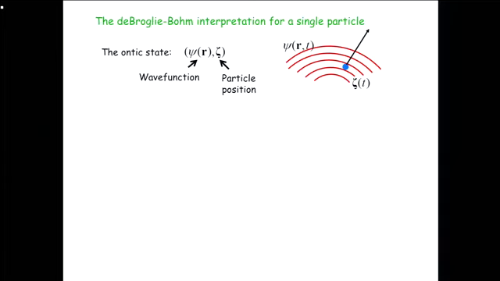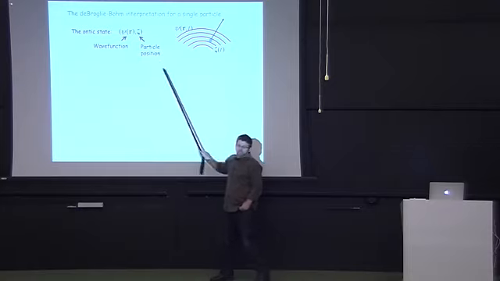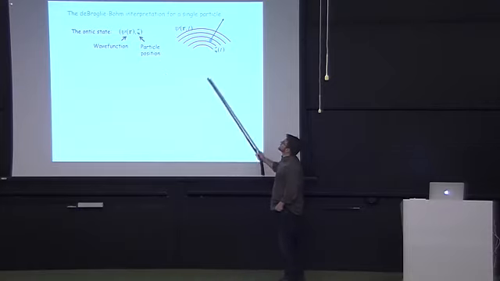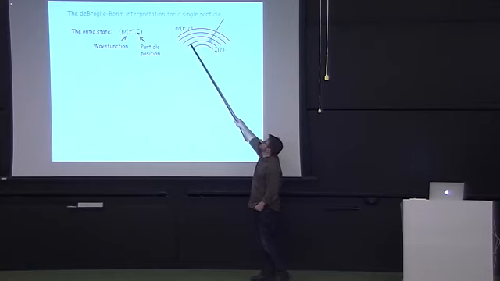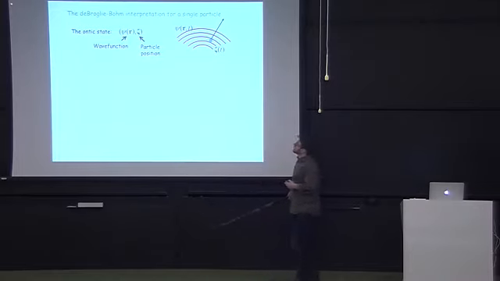So it's a vector in whatever dimension of space you're considering. And it's sometimes called the Bohmian position. So the idea is that in addition to the wave function, you've got a point in space that specifies the actual position of the particle. And you have some dynamics for both of those.